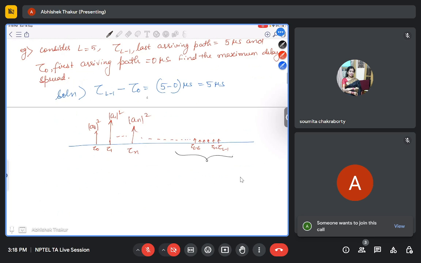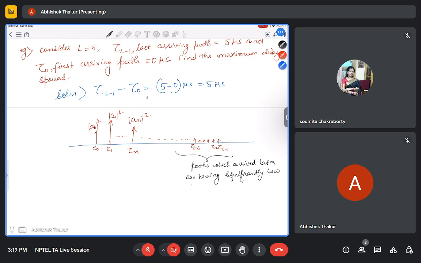So these paths which arrived later are having significantly low power.